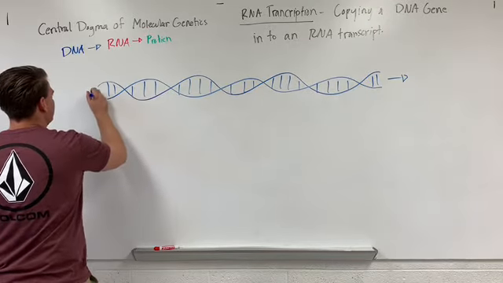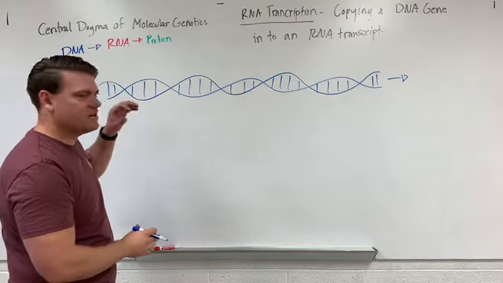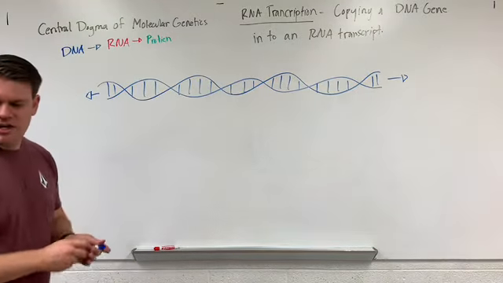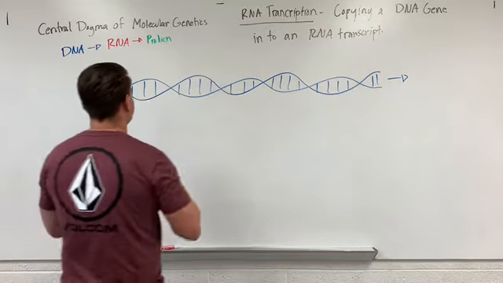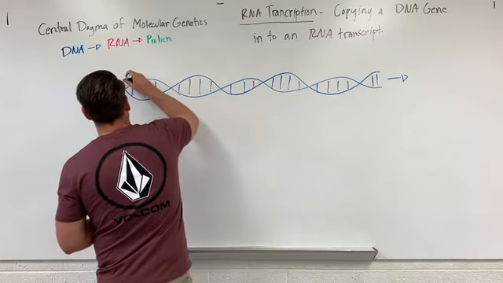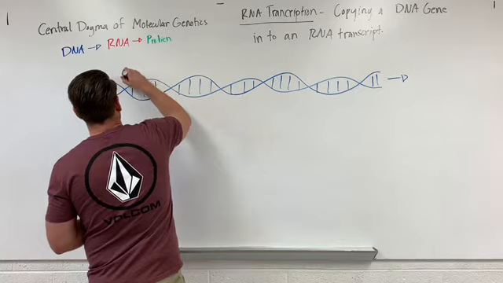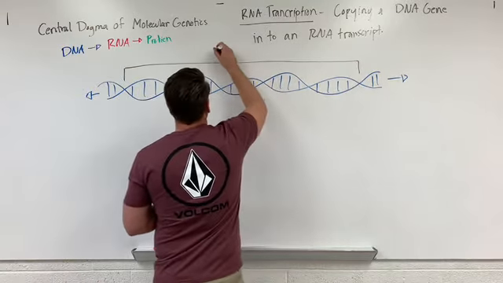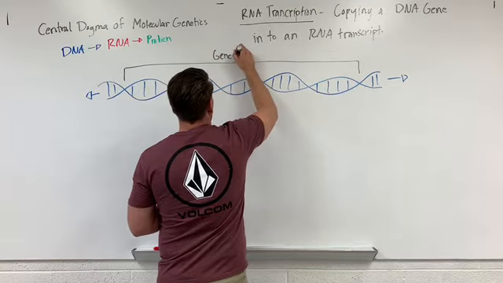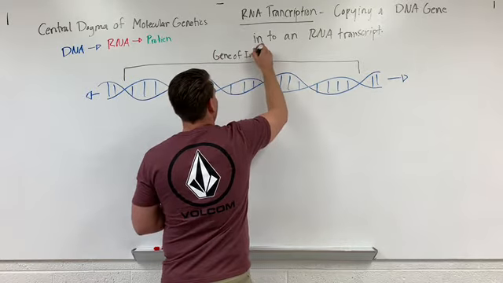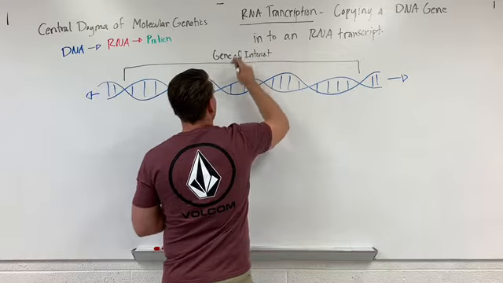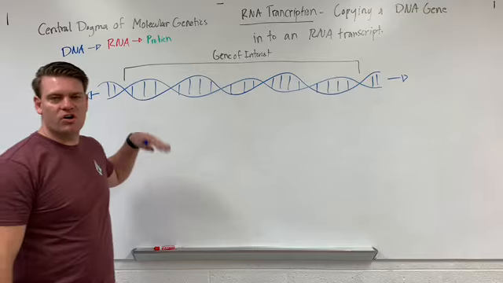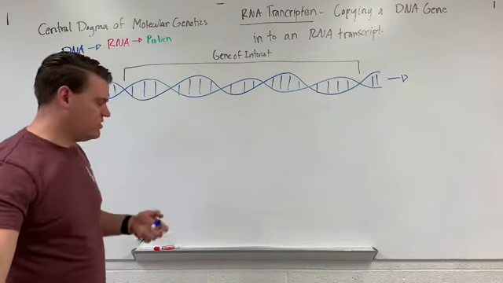We're just looking at this specific spot of our DNA, and specifically what we're going to call our gene of interest. So this area of our DNA codes our gene of interest. The gene we're trying to make a copy of because it codes for a protein that our cell wants to create.